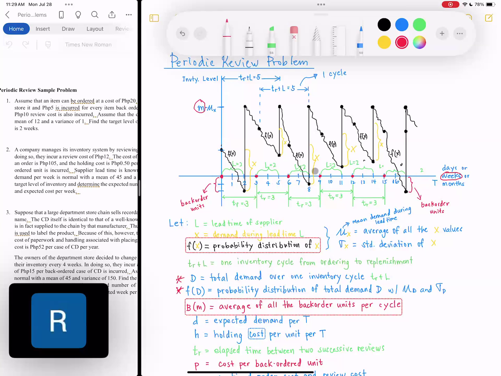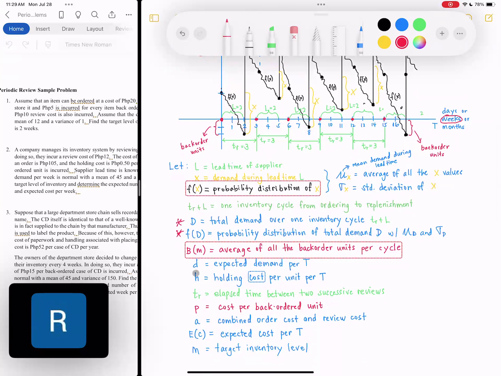Get the average backorder units for all of the cycles. That is what you call BM, the average of all the backorder units per cycle. And for your small d and h, this is important.